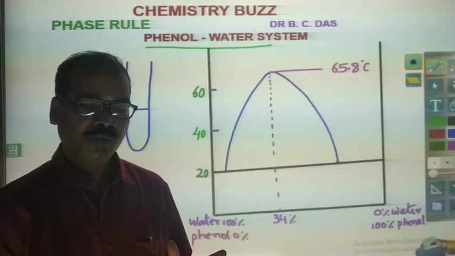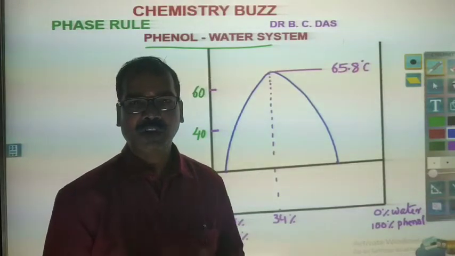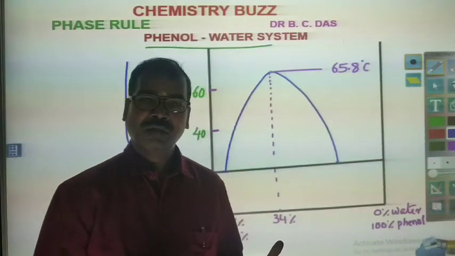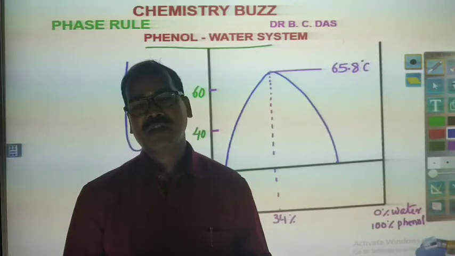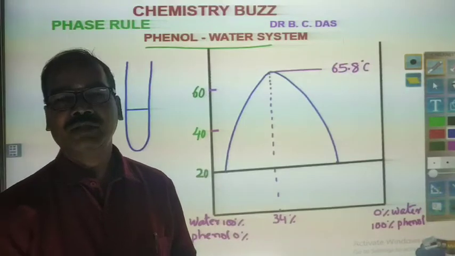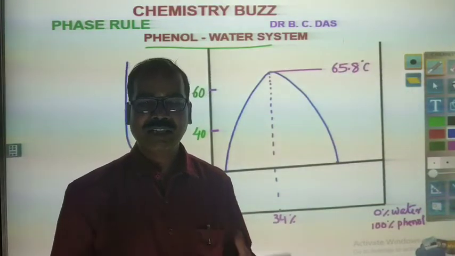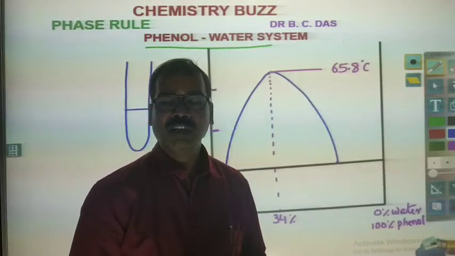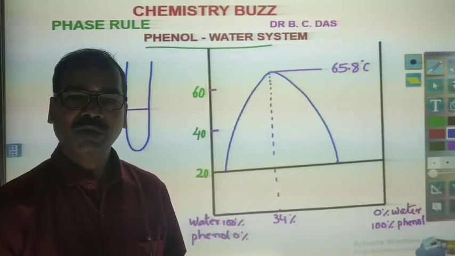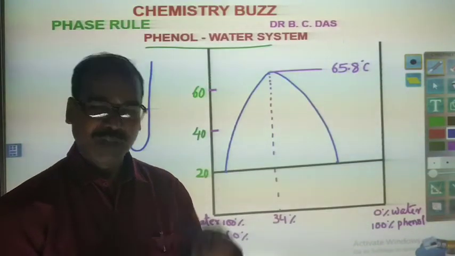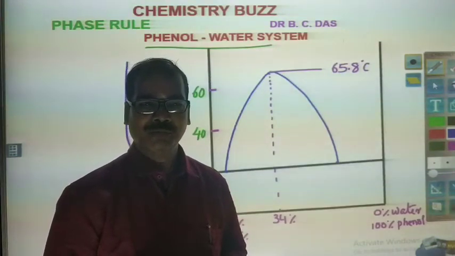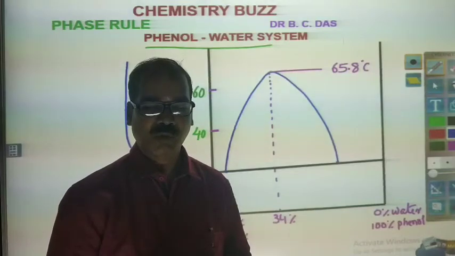The water chloroform were also partially miscible liquids, and in that case we kept temperature and pressure constant and used to add a third component, acetic acid. The acetic acid is soluble in water and soluble in chloroform, and that increases the mutual solubility of the two components. The presence of acetic acid there increases the mutual solubility of partially miscible liquid.